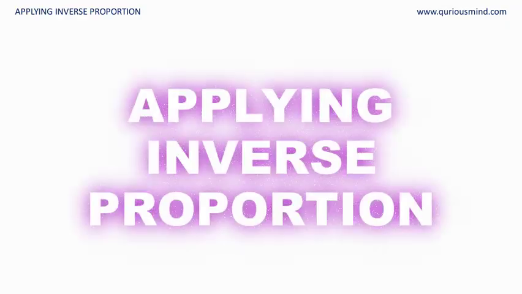Hello everyone. In this video, we will learn how to apply inverse proportion in the sums which we have to solve. Now, we have seen earlier that in inverse proportion, x into y is constant.